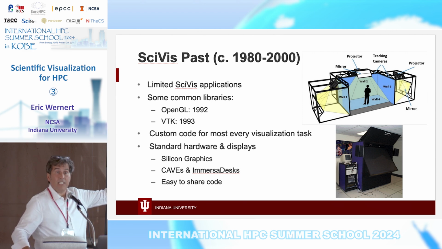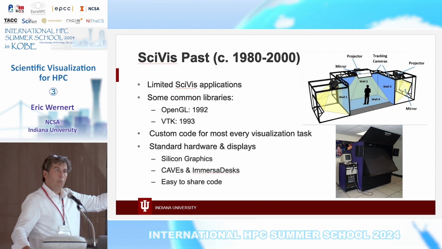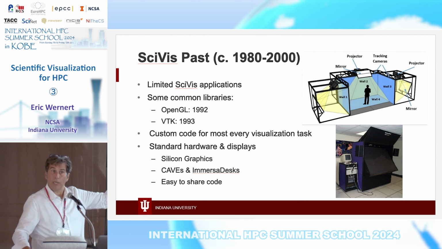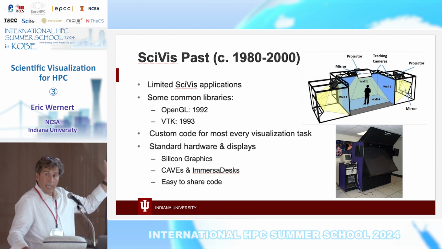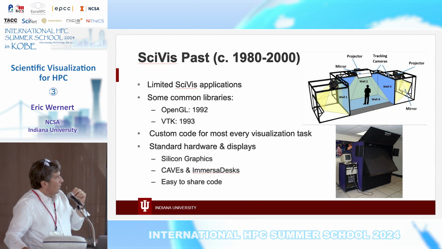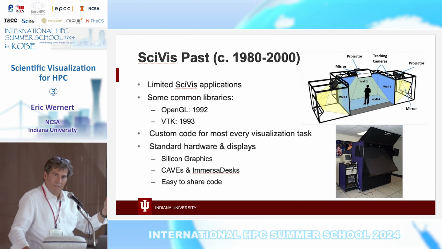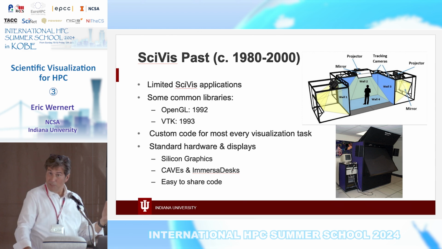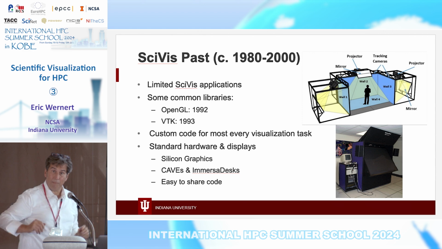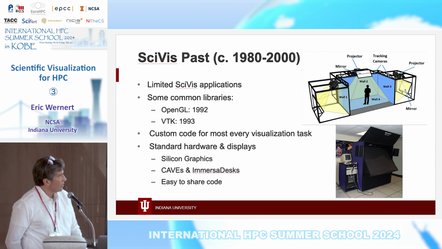So with Vis5D, we had a bunch of researchers wanting to do weather simulation and visualization. Well, we had to write custom code for that. And it got the job done. Things were standardized around Silicon Graphics hardware. We had a CAVE and an immersive desk. While that didn't have a lot of diversity of hardware platforms, the nice thing was people were really into sharing stuff, and stuff worked because people had basically identical systems.